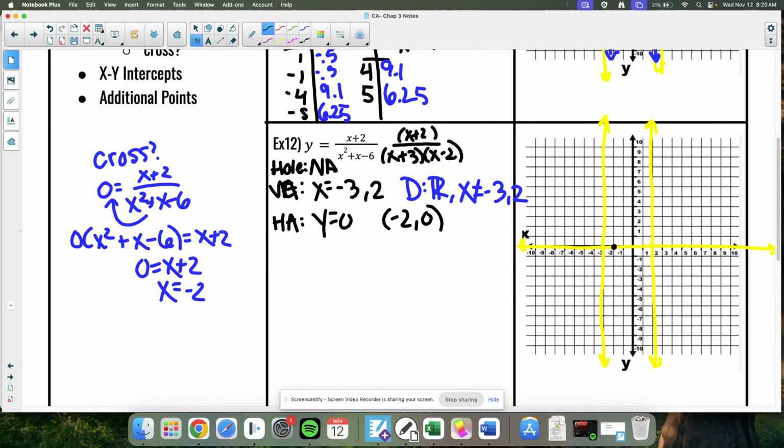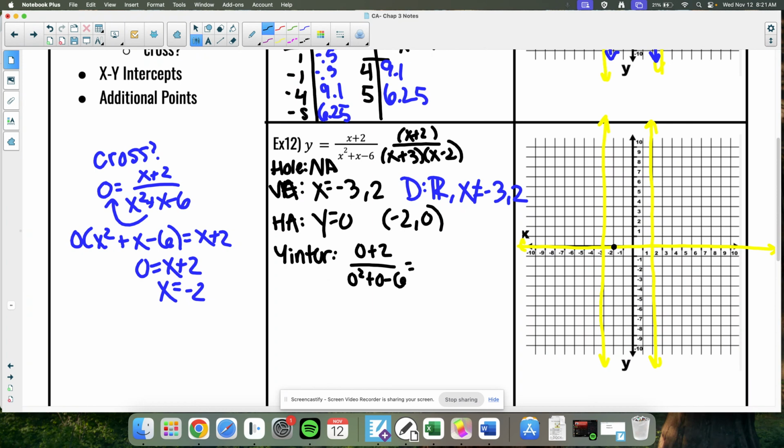Okay, so we have our asymptotes. Now we have to figure out our x and y-intercepts. At your y-intercept, what is your x value? 0. So just plug in zeros. Where is our y-intercept? -1/3.